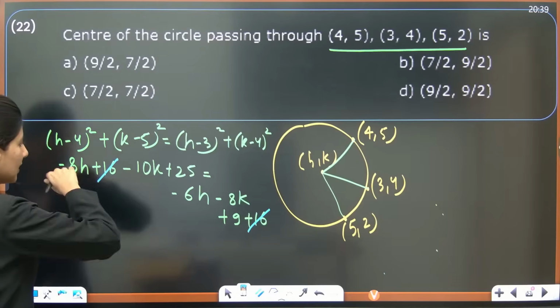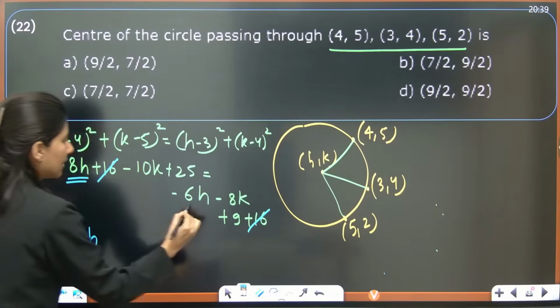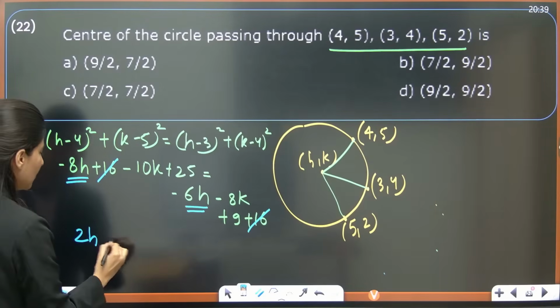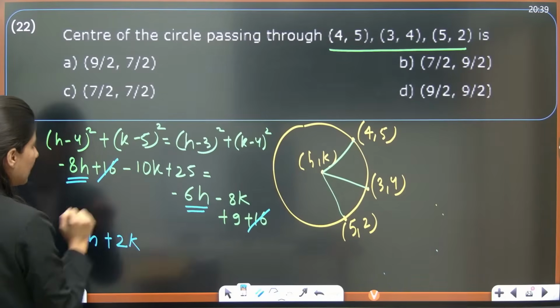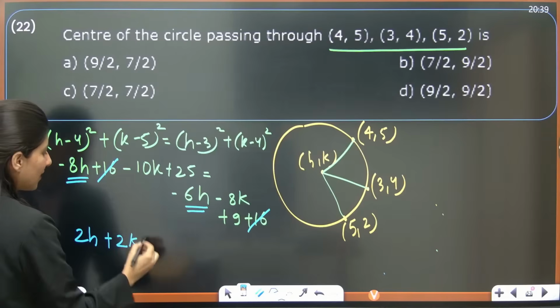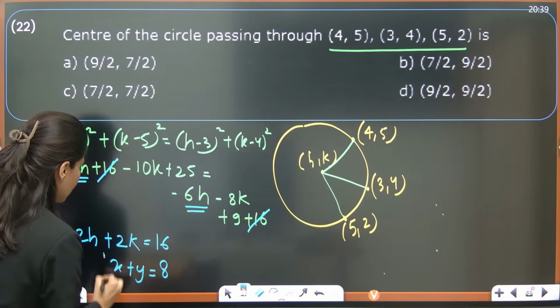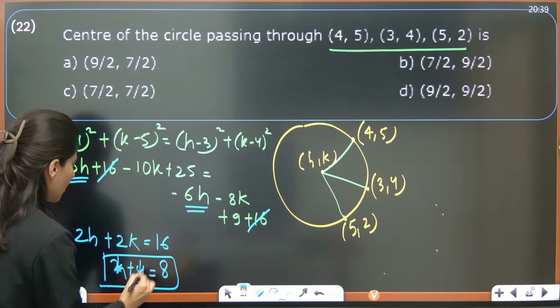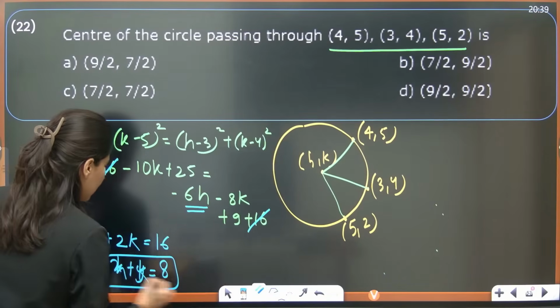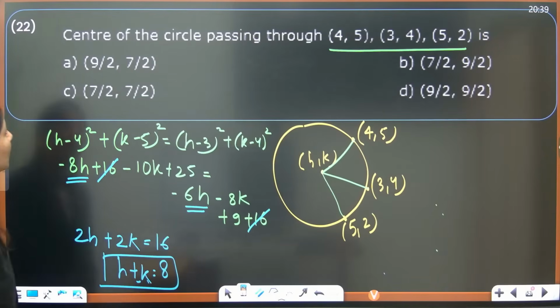From here you will realize if you shift this, you are going to get 2h. This and this. If you shift this, you are going to get 2k. And now you are having 25. So 25 minus 9 is equal to 16. So h plus k is equal to 8. This is your first equation, for h comma k. H plus k is equal to 8.